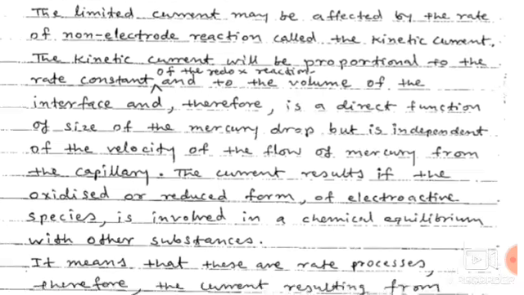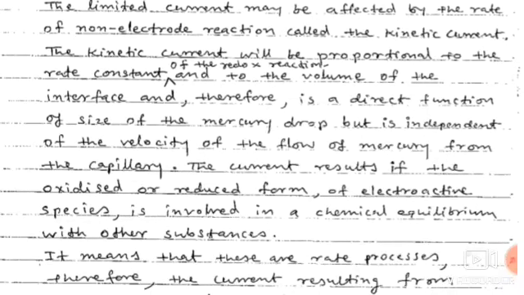The kinetic current is proportional to the rate constant of the redox reaction and to the volume of the interface. Therefore it is a direct function of the size of the mercury drop, but is independent of the velocity of the flow of mercury from the capillary.